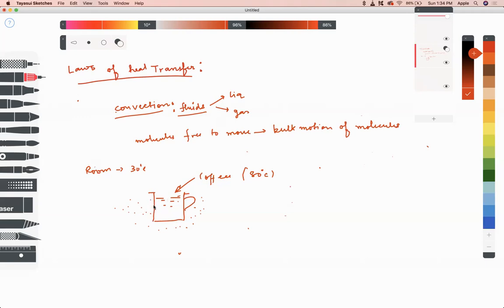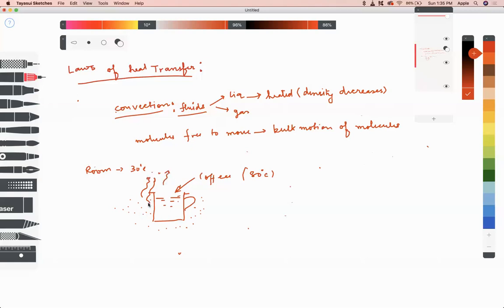Now we know that whenever a fluid gets heated up, its density decreases. All right. So whenever density decreases, what will happen? These molecules will tend to move up.